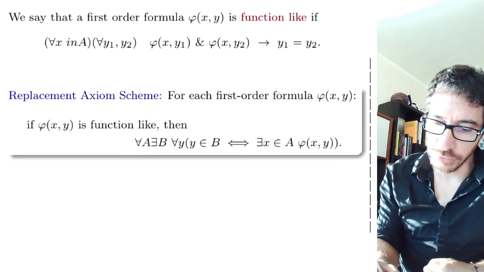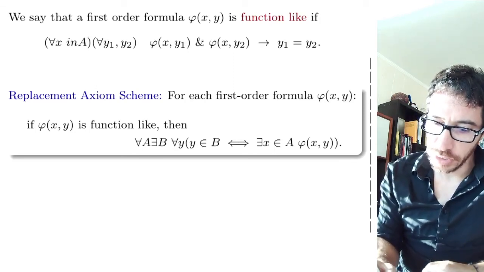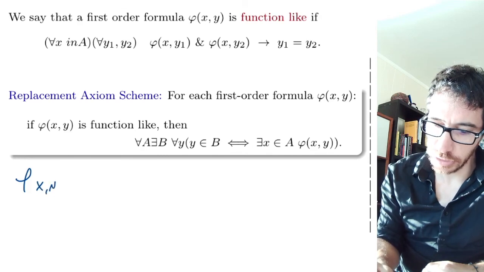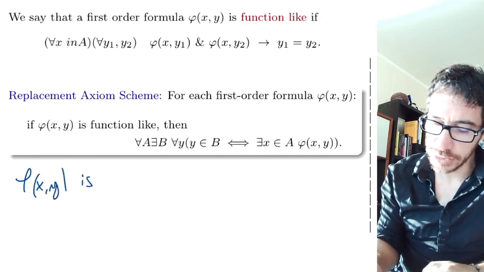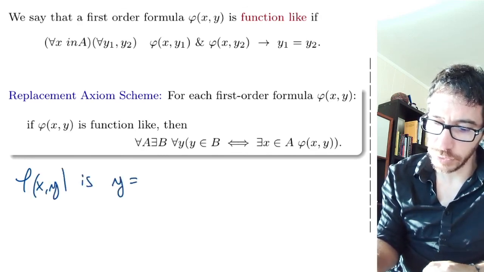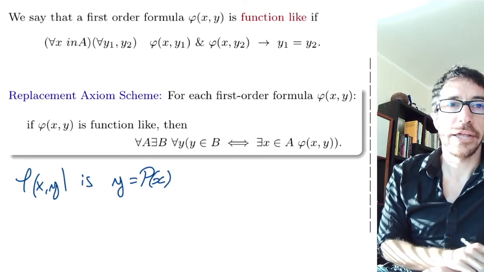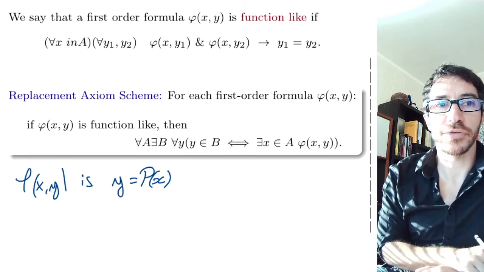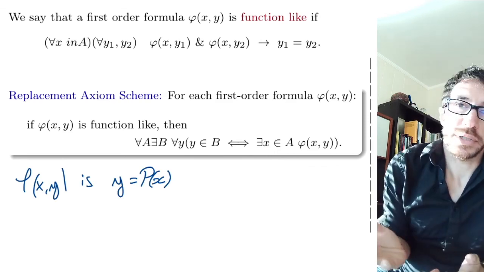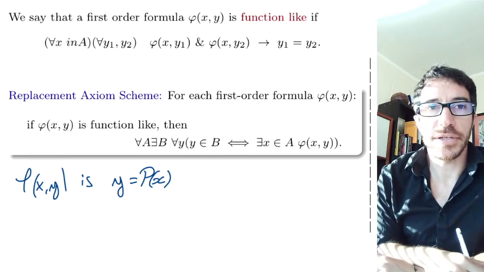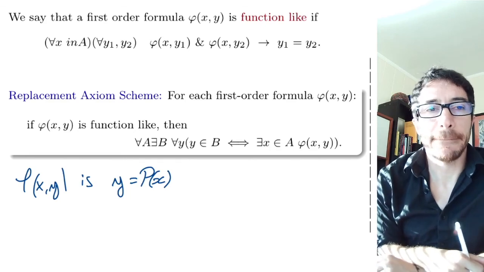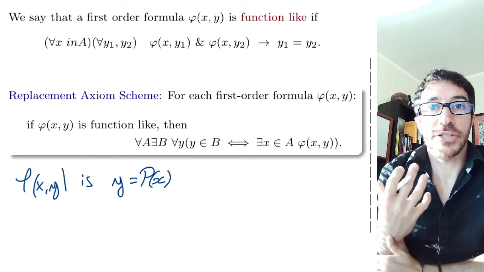For instance, suppose the formula phi of x y is a formula that says that y is equal to the power set of x. Okay? This is function-like because for every x there is a unique power set. So this is function-like, but it's not a function.